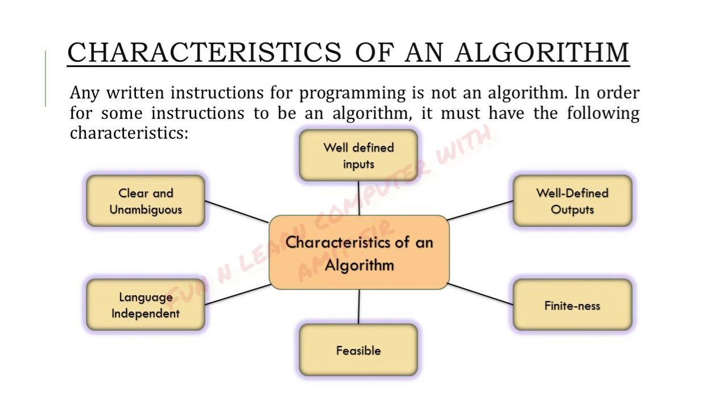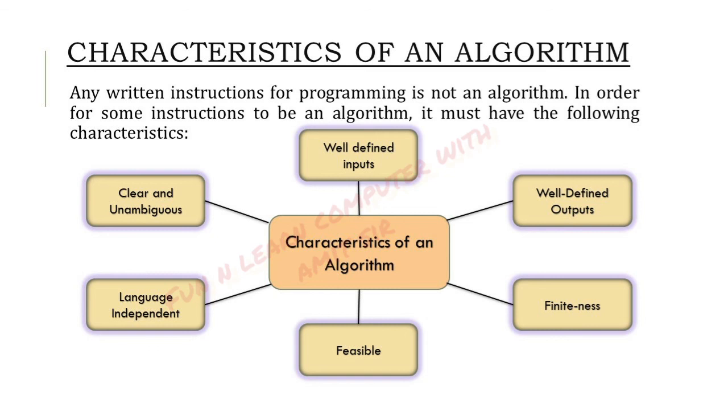In order for some instructions to be an algorithm, it must have the following characteristics: clear and unambiguous, well-defined inputs, well-defined outputs, finiteness, feasible, language independent. It should have these 6 characteristics. Then we will consider that instruction for programming as an algorithm.